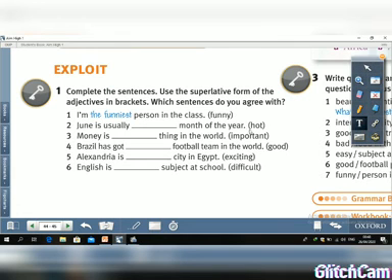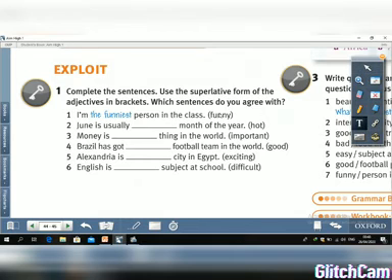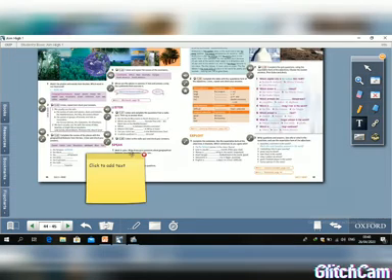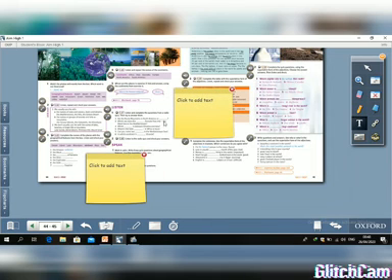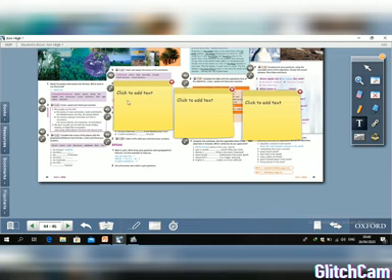Okay, let's summarize them all. To make comparative using long adjective, what will I do?